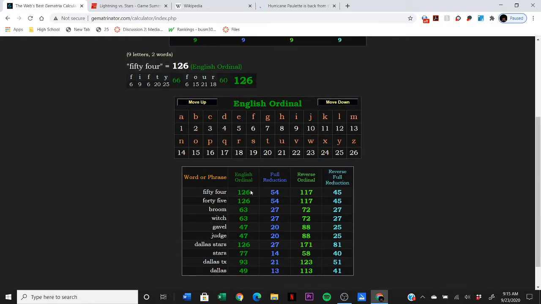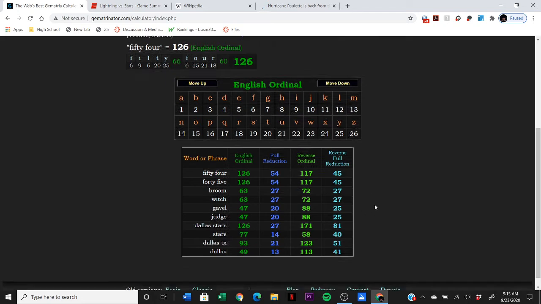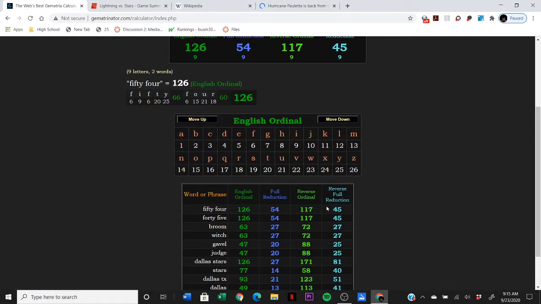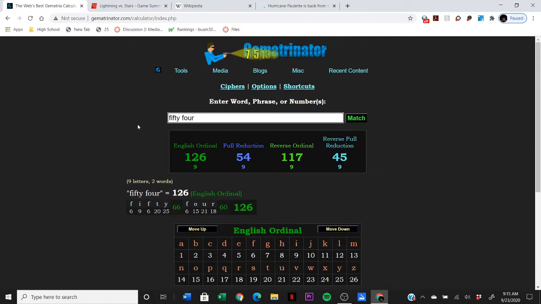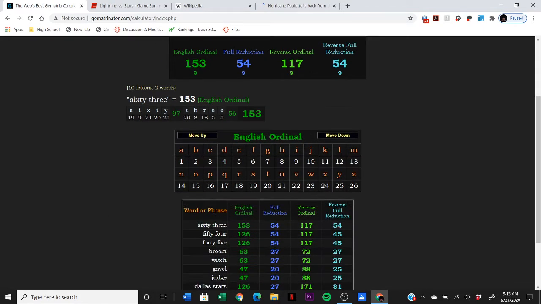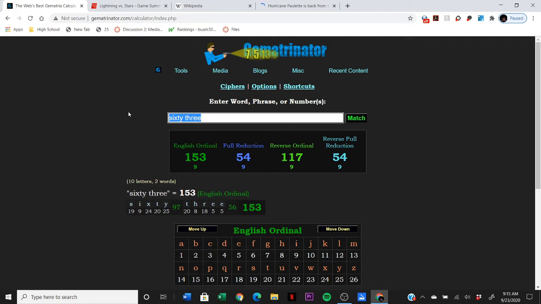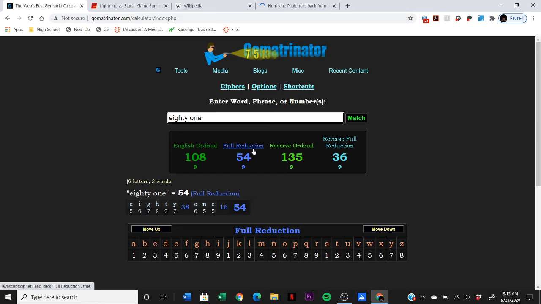And another thing you can do is take other numbers that connect to 9 specifically, such as 63. If you write 63 out as words, it equals 54 and 117, just like how 54 and 45 are. And if you write out 81, it's the same, it's 54.